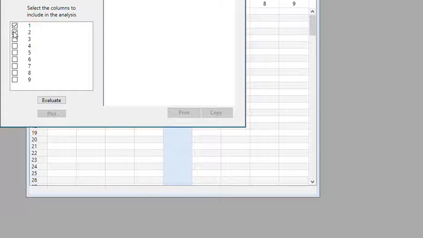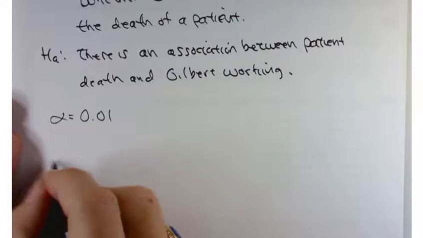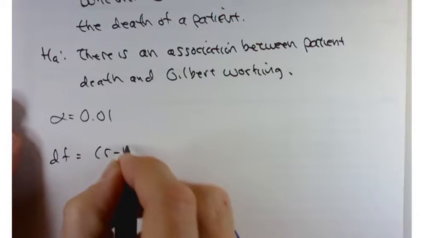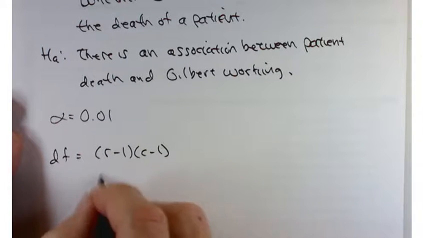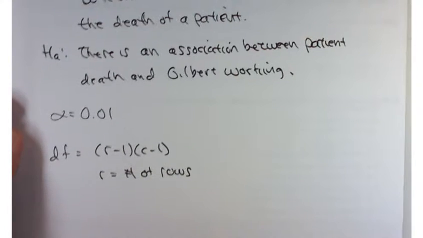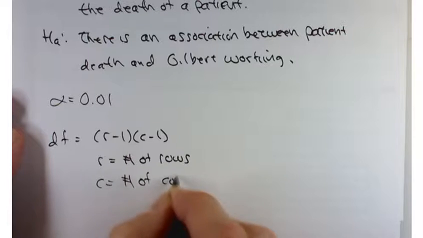I haven't decided in my mind yet whether or not I want you to be able to do this for yourself. But the degrees of freedom for your chi-square test come from this calculation: R minus 1 times C minus 1, where R is the number of rows in your data set, and C is the number of columns.